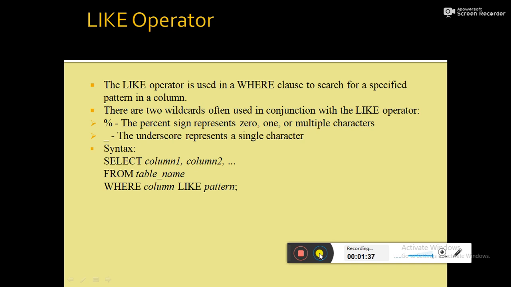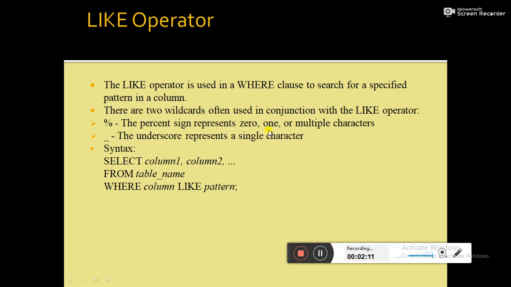Or take another example. Suppose we select and display only those customers whose name ends with A. So the last character should be A, and only those records will be selected. Or select and display only those customer names which are 10 characters long. So there is a specific pattern, and to compare with a specific pattern we have to use the LIKE operator in the WHERE clause.